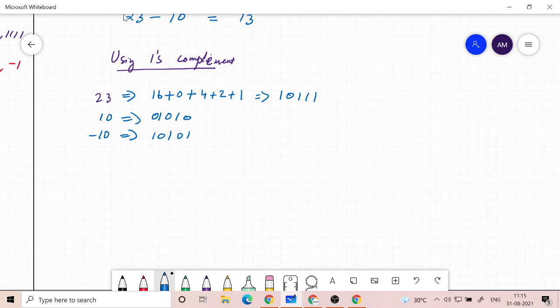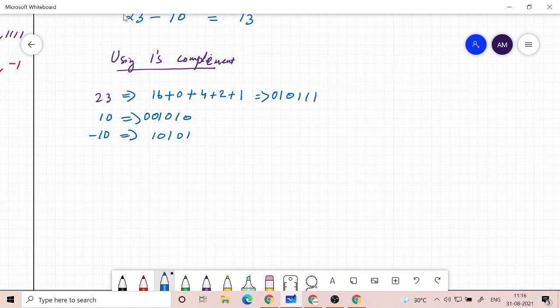So here it is 23, so 23 is greater than 16. Greater than 16 means at least to represent the magnitude you need 5 bits. But we need one more additional bit so that the magnitude doesn't exceed half of the whole possibilities. So you need here 6 bits. So similarly you have to take 10 in 6 bits here, and then this is minimum.